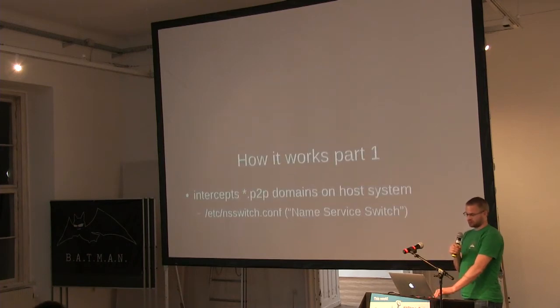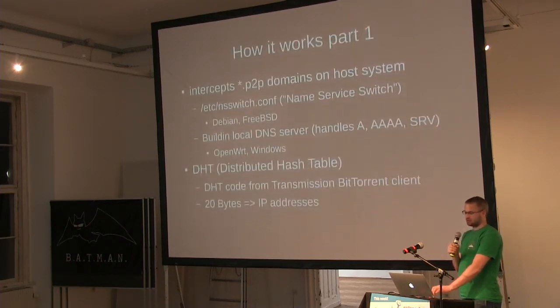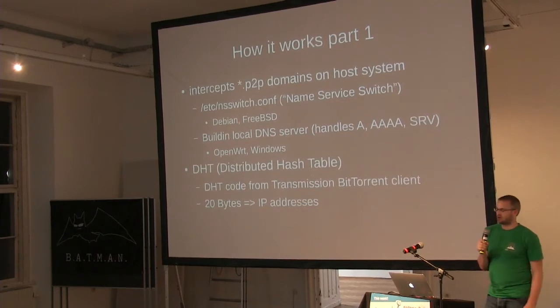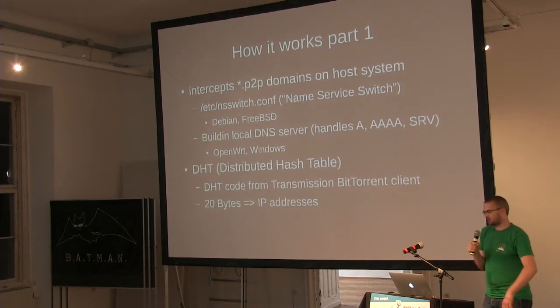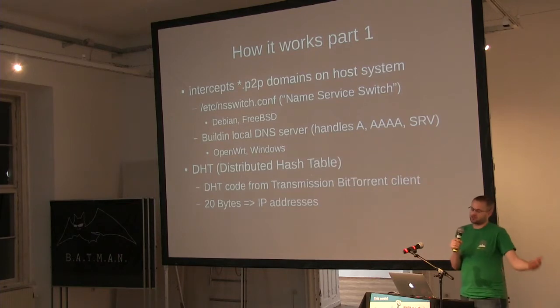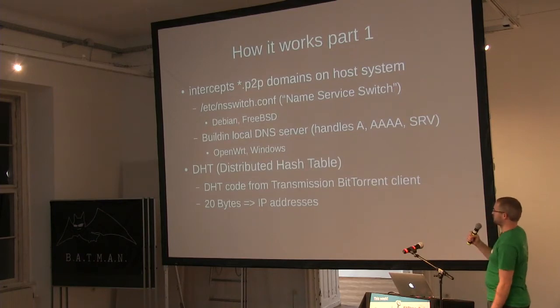Okay, how it works. Basically, it's a daemon running on the router or on your system and intercepts some special top-level domain that is not officially used. You can configure it, but by default I have just used .p2p, and some different mechanisms to intercept it on different systems.